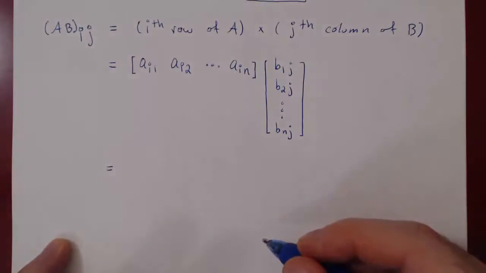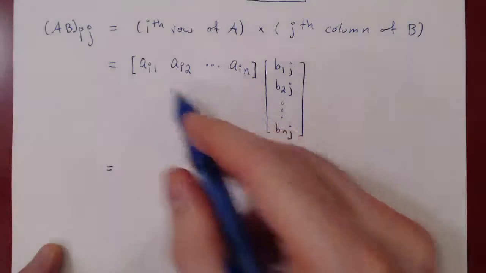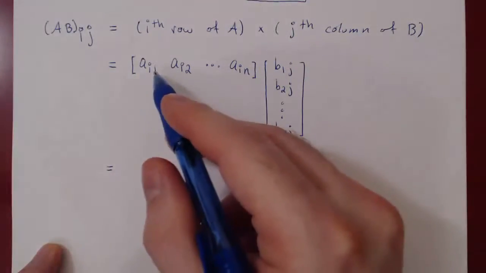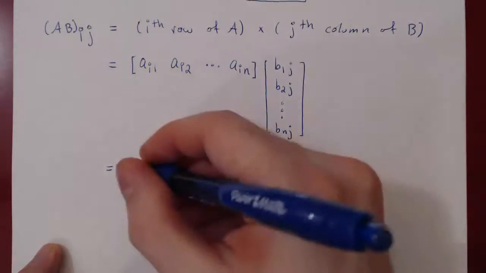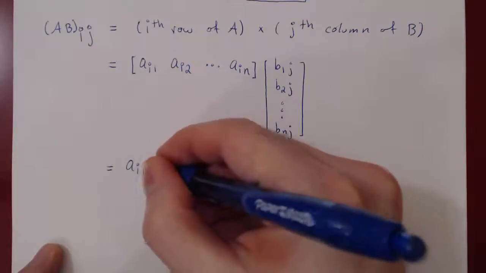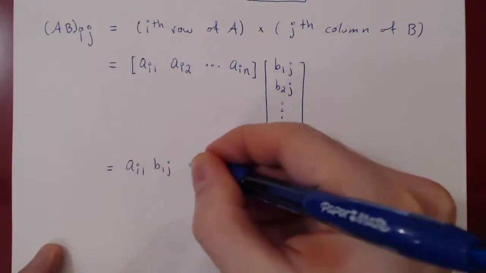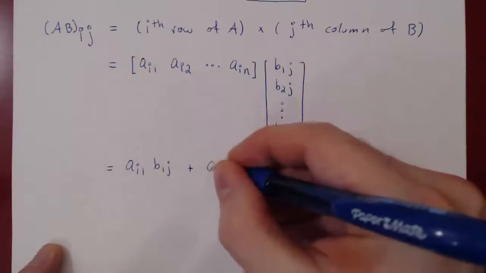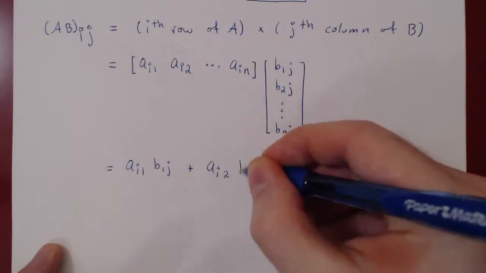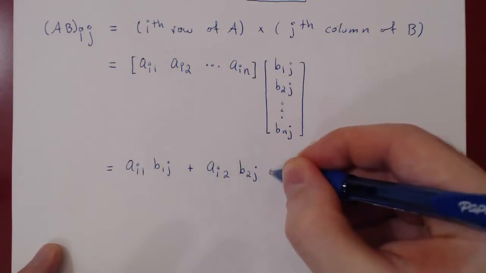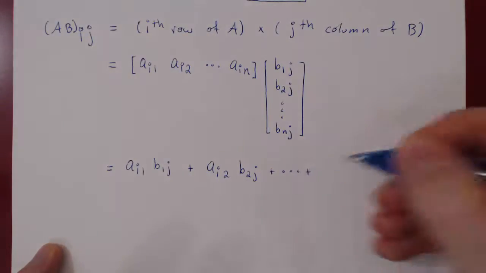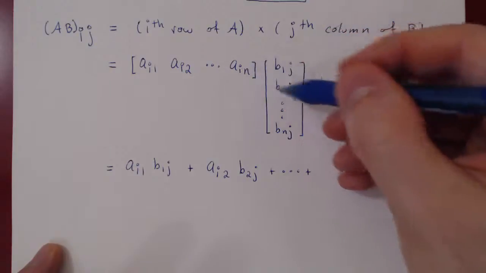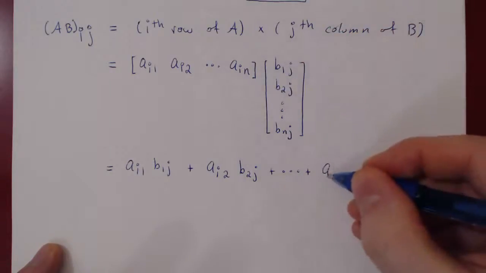We multiply corresponding entries and add them up. So this will be a_i1 times b_1j plus a_i2 times b_2j plus, up to the last pair of entries, a_in times b_nj.